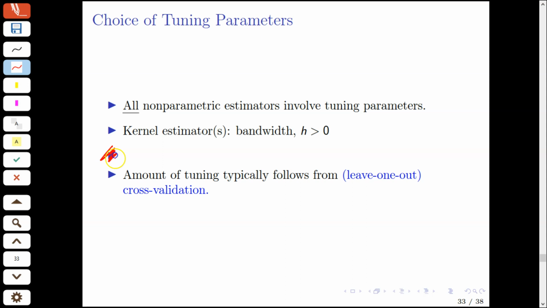While there are many approaches to determining these tuning parameters, here when we're talking about bandwidth selection in a regression context, a natural way to proceed is to determine the amount of tuning by using what's known as cross-validation, or specifically here, leave-one-out cross-validation.